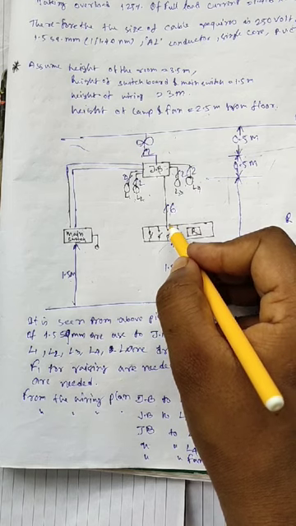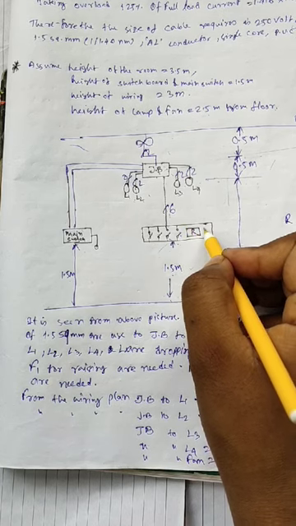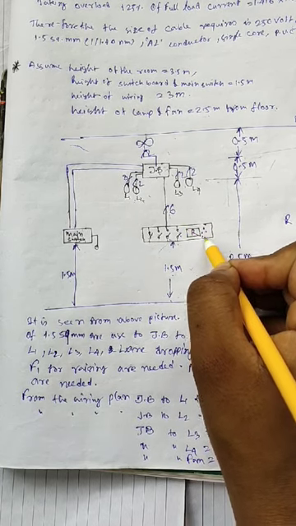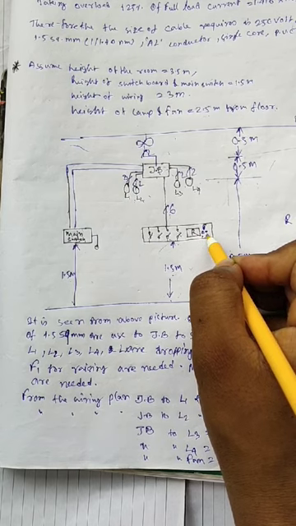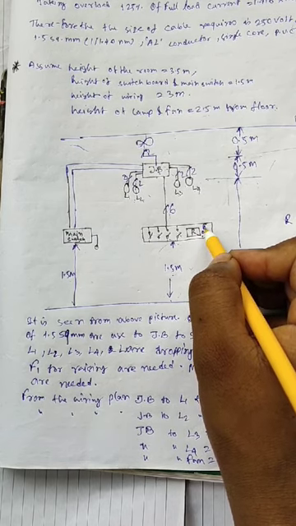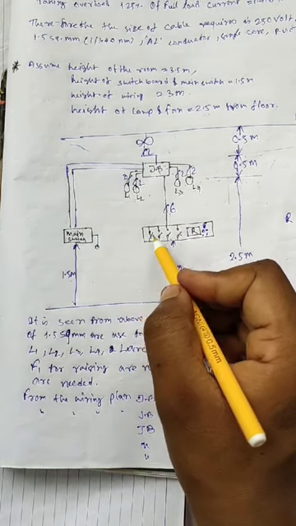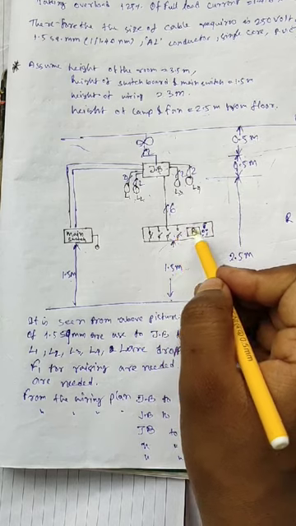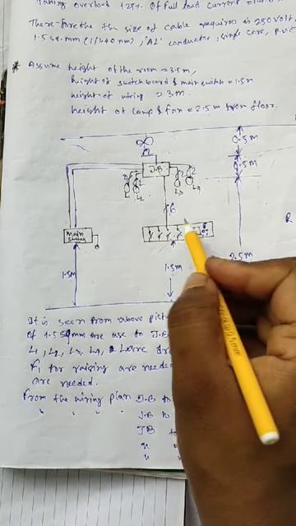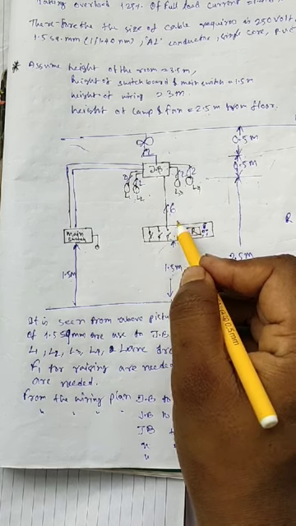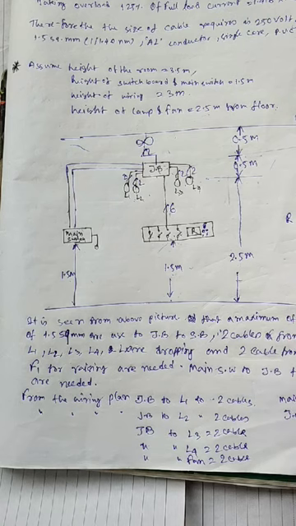One is neutral, because if we use a 5 pin socket, then one neutral, one phase, and one earthing, total 6 cables: 4 for the switches, one for this purpose, and one neutral. Okay, there are 6 cables used.